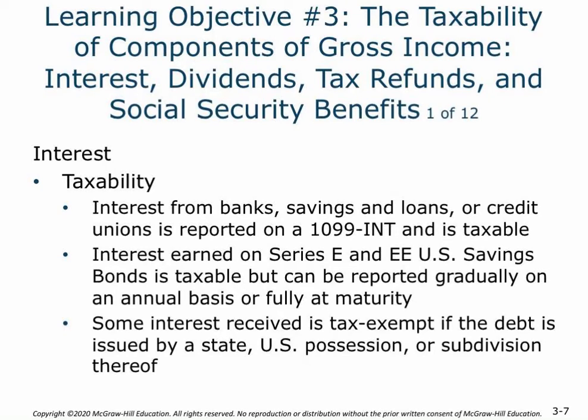Learning Objective 3, the taxability of components of gross income, interest, dividends, tax refunds, and Social Security benefits. So interest, as far as taxability for interest, if you receive interest on money that you have deposited at a bank, savings and loan, or credit union, and it's over a de minimis amount, say $20, the bank will file a 1099-INT, and that is going to be a taxable amount that would have to be included in income, and that you're going to have to pay taxes on that amount, and it's going to be reported to the IRS.